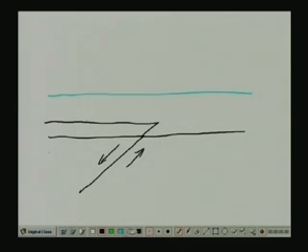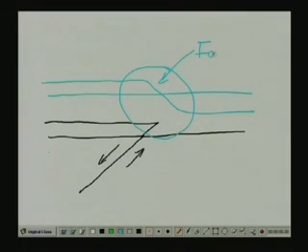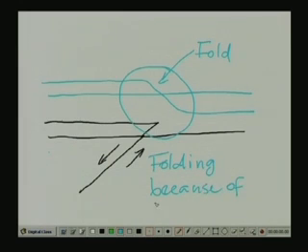If there is that kind of configuration, then the overlying layer is going to take a final configuration that might look like that. So, in this area, because of the movement of the underlying bedrock, a fold is developing. So, this is folding because of movement of an underlying fault. We are going to learn more about faults in the next little bit.